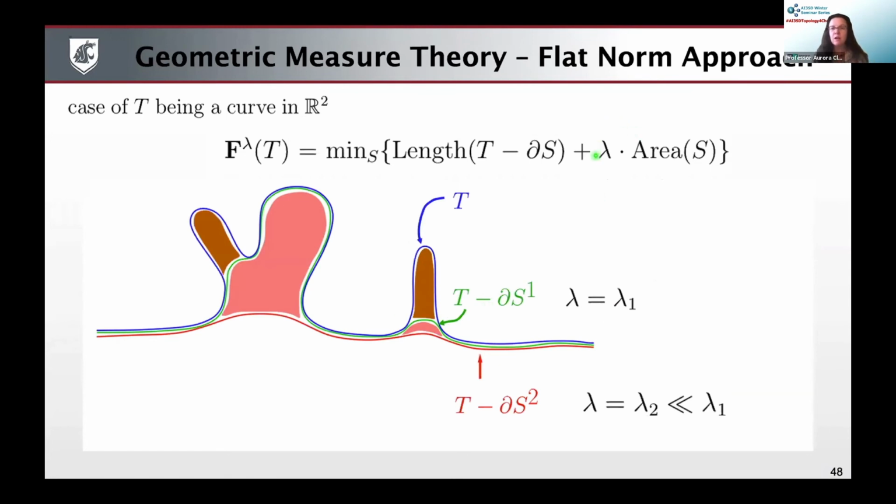In the initial lambda 1, I've taken off the brown areas to create the green curve underneath. Then I can change lambda and do this again with a lambda 2, which peels off another huge amount of area. Lambda 2 is much, much less than lambda 1, and it's peeling off a much larger area underneath this curve.